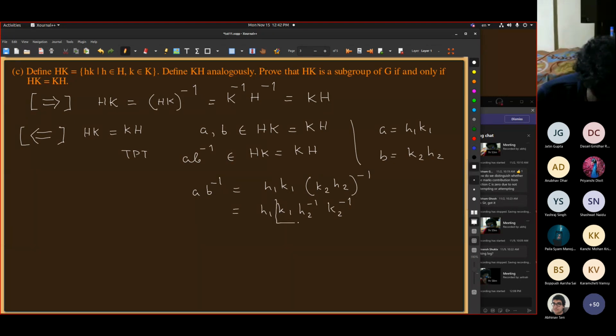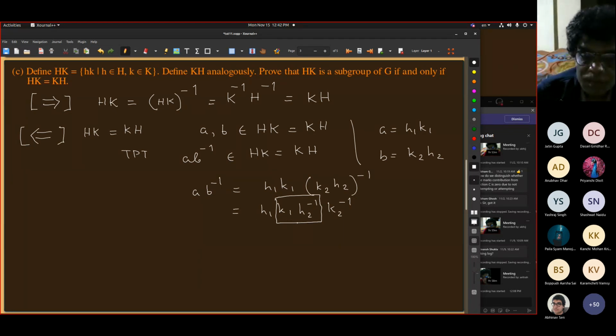Now let us look at this thing. This is an element of KH. But as I said, that is equal to HK. So this element I can write as h3 k3.